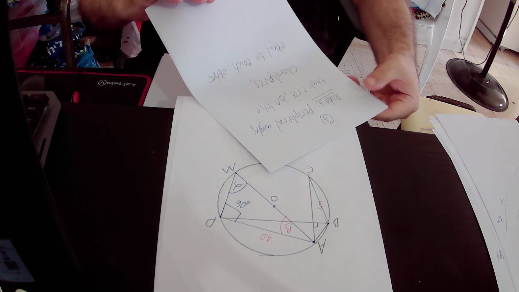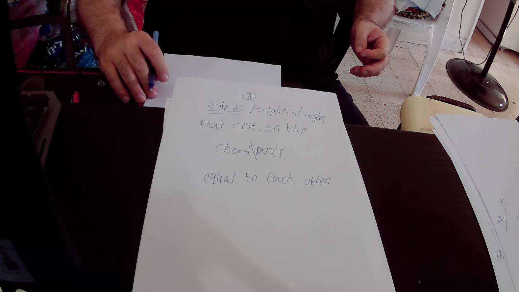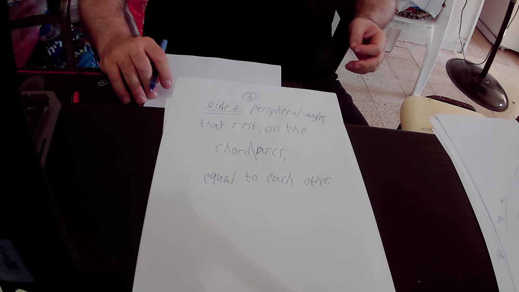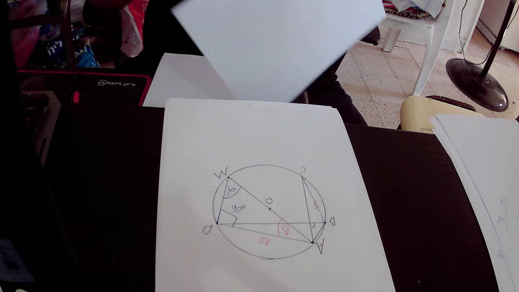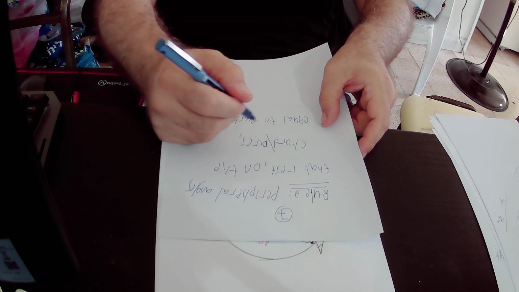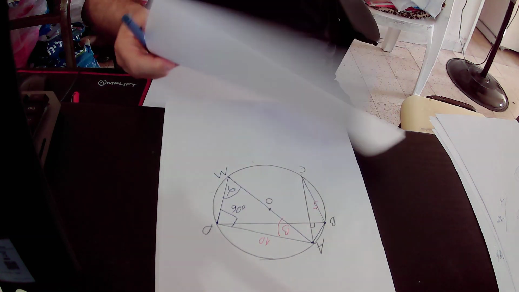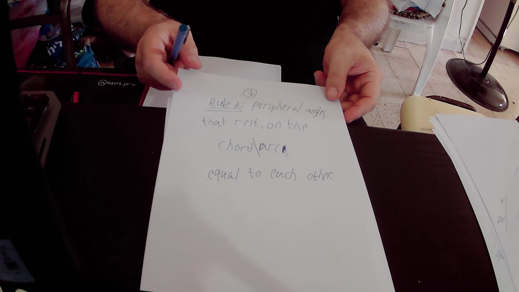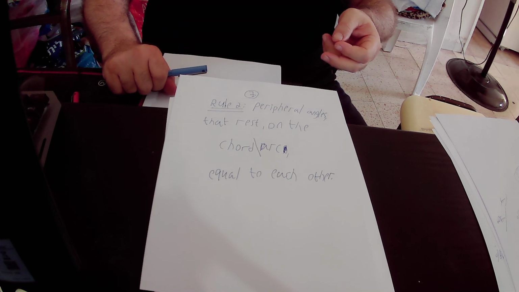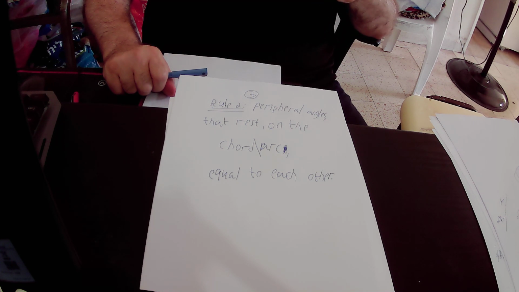So I will read rule number 2 again. Rule number 2 states that peripheral angles that rest on the same chord slash arc are equal to each other.